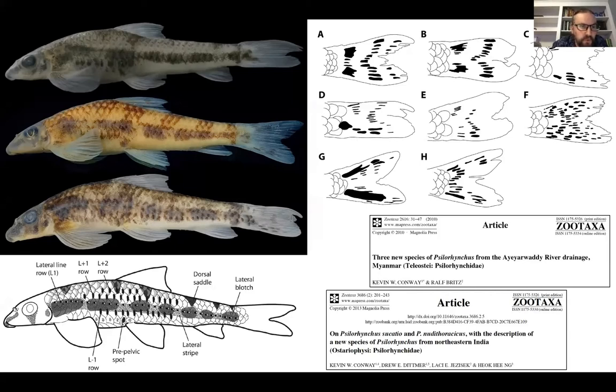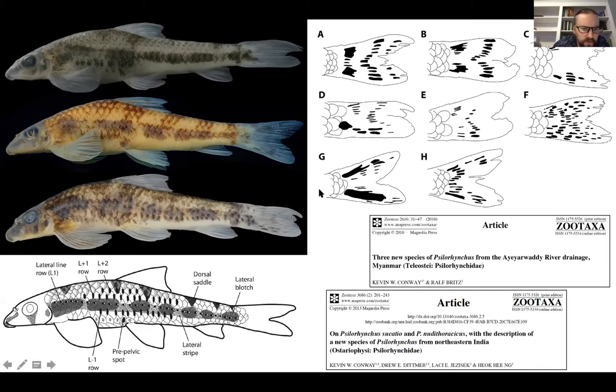But it took me a long time to figure that out, and it was only after I was able to identify the components of the color pattern, give them names, and then look for differences between the different species.